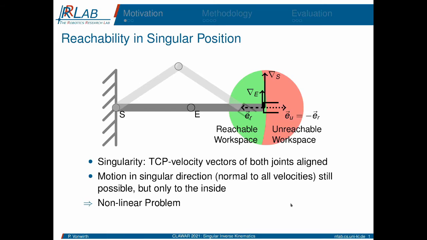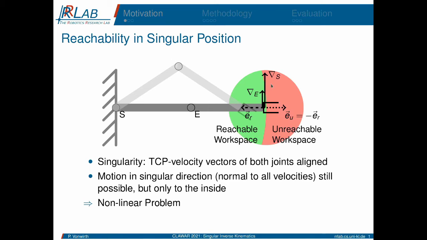So here is a small description of the problem of this singular position at the example of a very simple two-segment robotic arm. You can see here the two velocity vectors of the joints S and E are in parallel, as shown by the arrows.